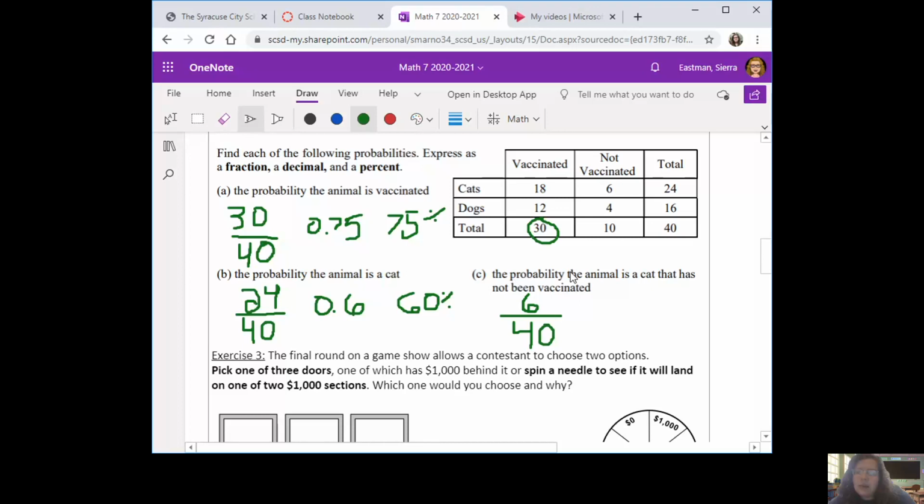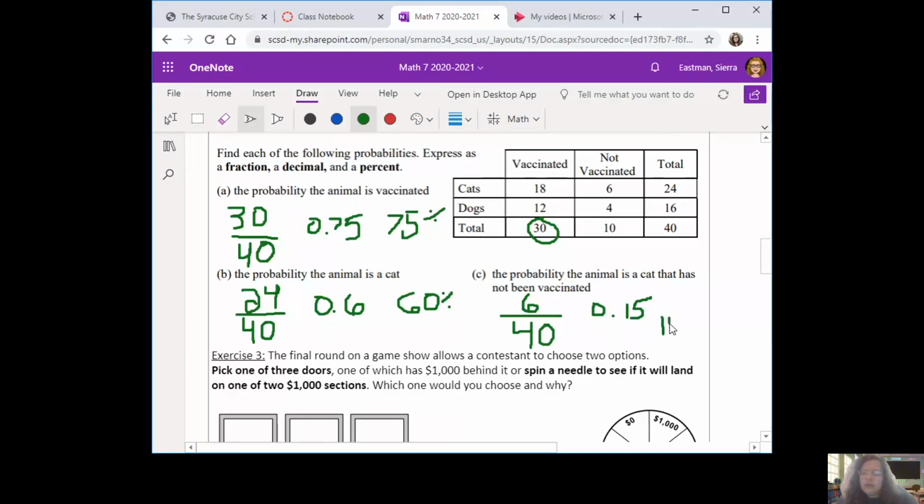But they said the probability that the animal, which means they're including all animals, and then we're looking for both cat and not vaccinated. So we matched that row to the column and found 6. 6 out of 40, let me use my calculator again. 6 divided by 40 is 0.15, which would be about 15%.